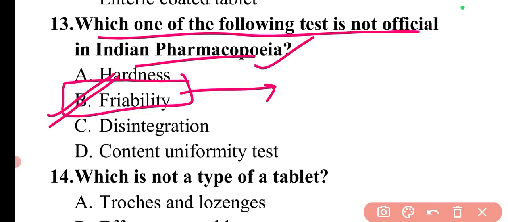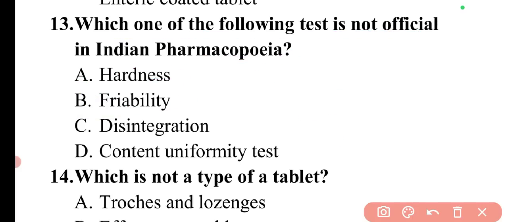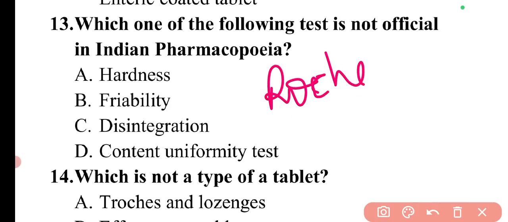Friability is basically a test used to check the durability of tablets during transportation, abrasion or shock. For these conditions, the friability test is done in a friabilator known as the Roche friabilator.